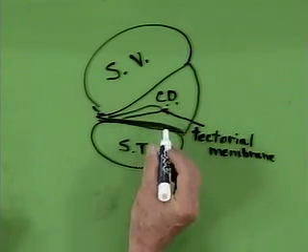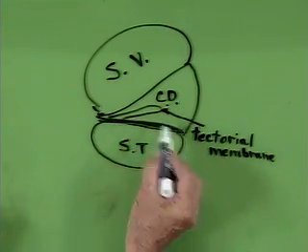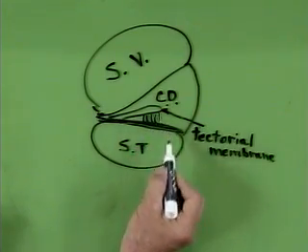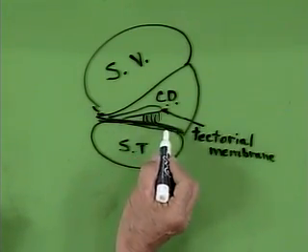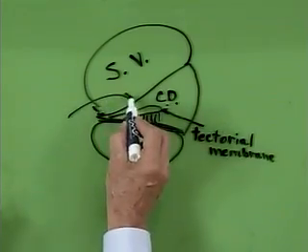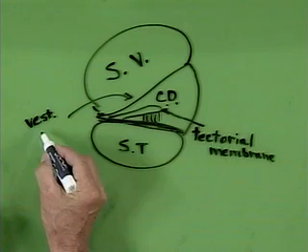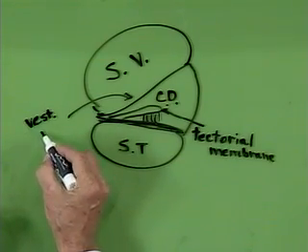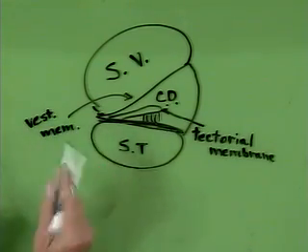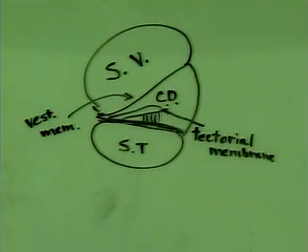This membrane's easy because the hair cells sit on it. Here sit the hair cells. It's a basilar membrane. And this membrane was the vestibular membrane. I'll just write VEST, vestibular membrane. So those were the three membranes that we talked about.